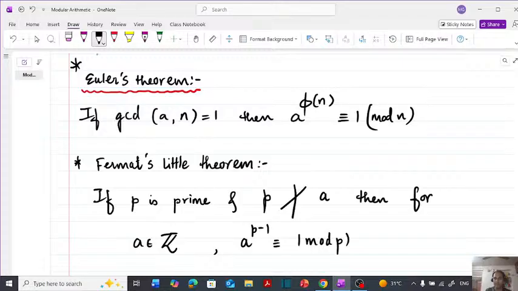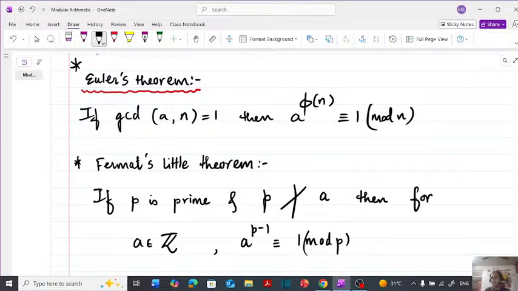Okay, so this is very useful again, and this helps a large number of students to calculate various other results.